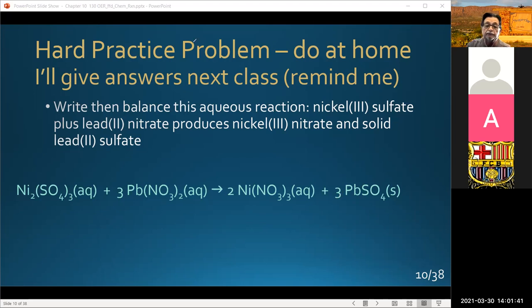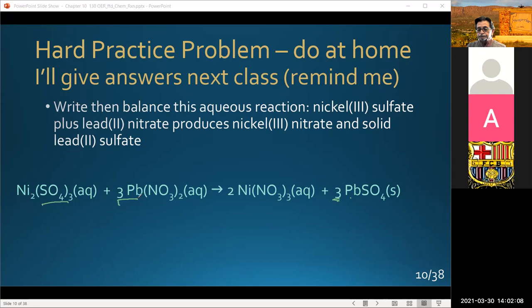Let me draw this out. I got 3 sulfates. Well, the product I'm going to make, I'm going to need 3 of them. So to balance those sulfates, I simply put a 3 there. It kicks up my lead to 3. So I put a 3 with the lead nitrate.